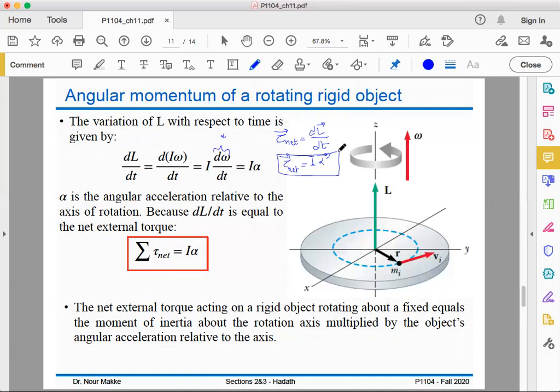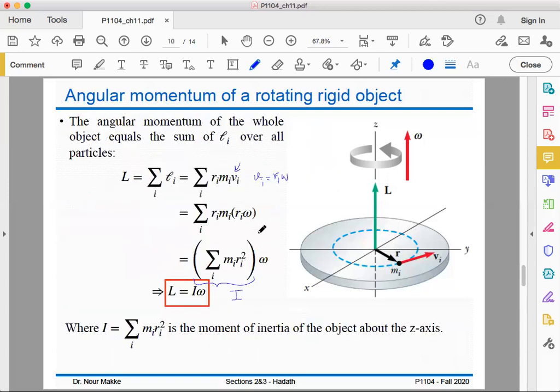And so the net external torque acting on a rigid body rotating about a fixed axis equals the moment of inertia of the body about that rotation axis multiplied by the object's angular acceleration relative to the axis. So we end up again with the same Newton's second law, but this time we got it from the definition and expression we reached when applying the definition of L on a rotating rigid object, which is L equals I omega.